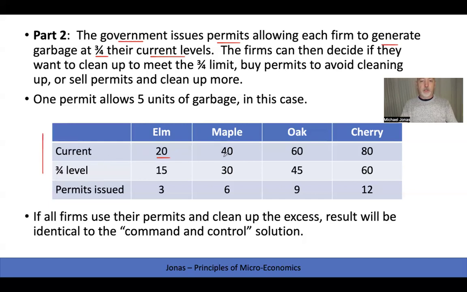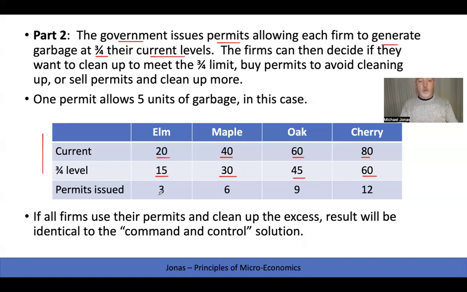So that first row, again, is the initial level of garbage or pollution being emitted. The next row is the 75% level that they are allowed to maintain given the permits that they will be issued.